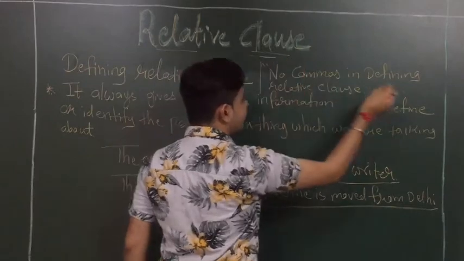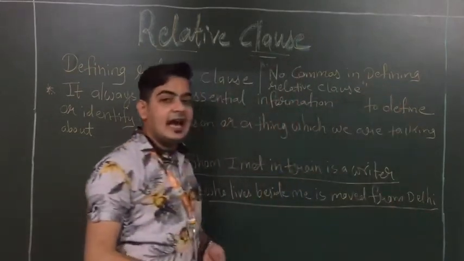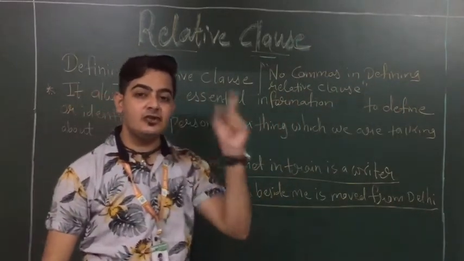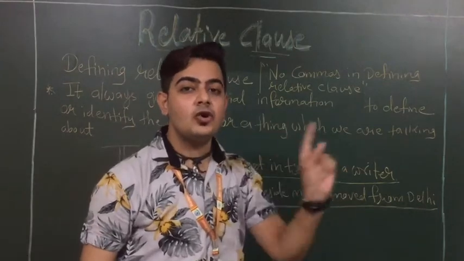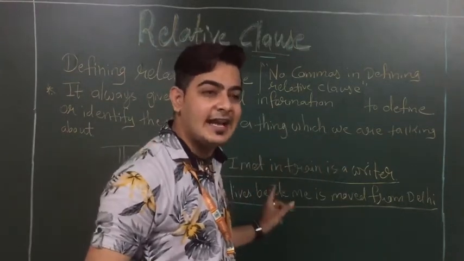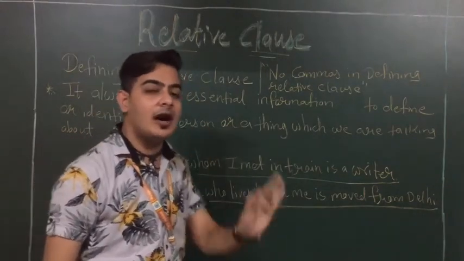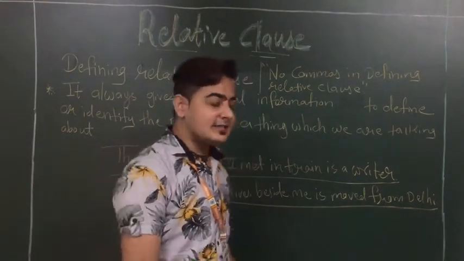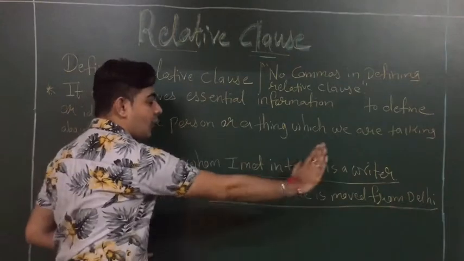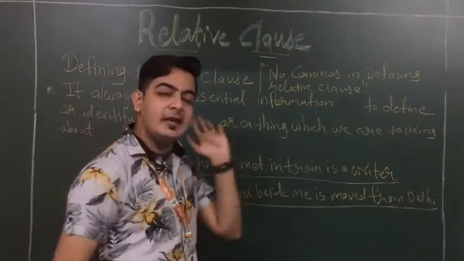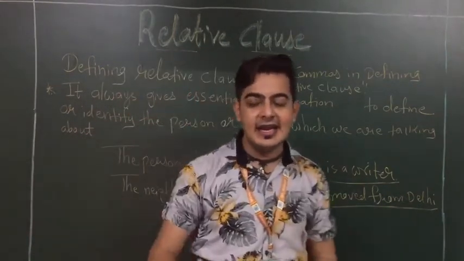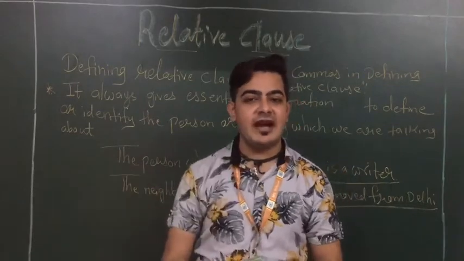This is the trick I am telling you students, that in defining relative clause there will be no commas at all in the sentence. कोई भी पूरे सेंटेंस में कहीं पर भी कॉमा होगा नहीं. The sentence will be in a proper way. There will be no stop in between at all. ठीक है? So these are the sentences of defining clause.